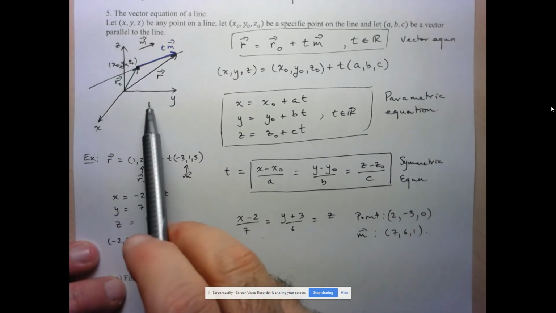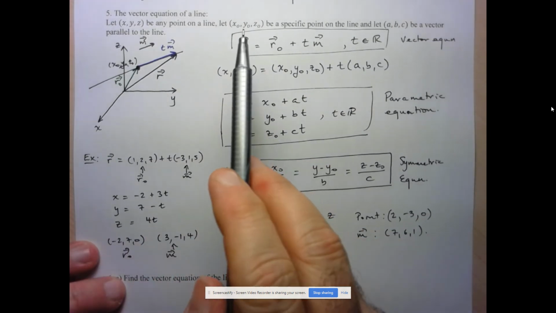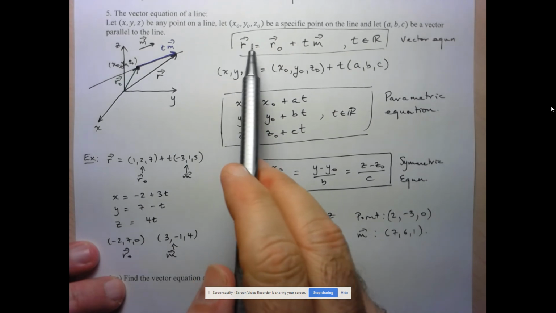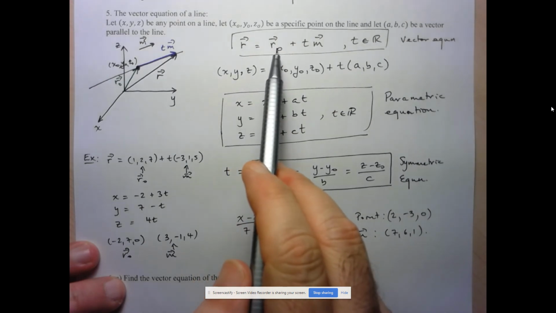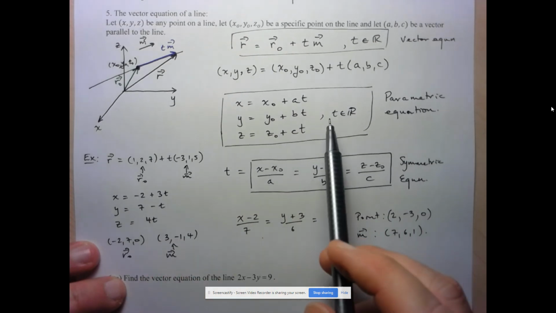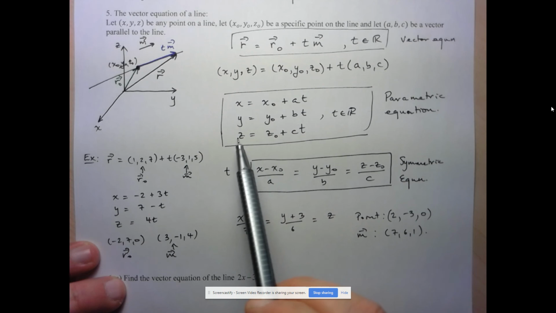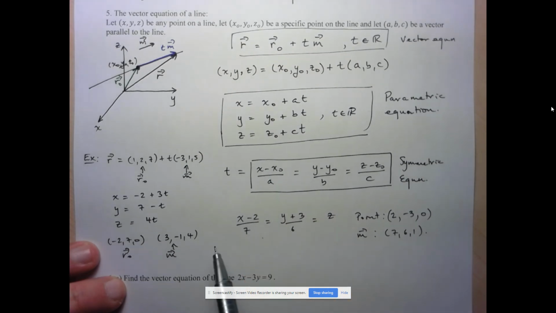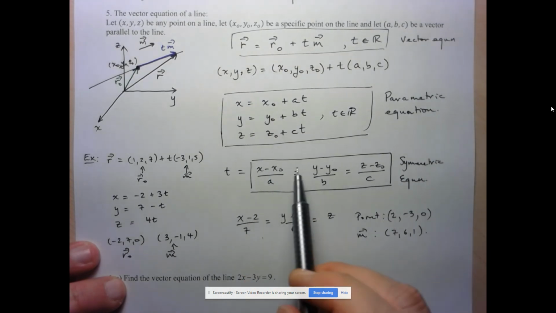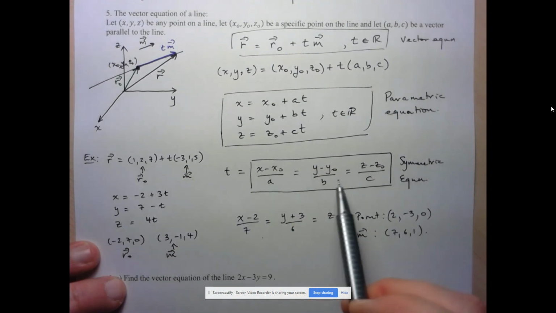Okay, so just to recap here, understand the diagram to see how these equations come about. Vector equation: the vector to a point on the line is equal to the vector to the specific point plus any multiple of the direction vector. Parametric equation is the exact same equation, just the individual components written separately. And then the symmetric equation is when we've isolated for t in all three and equated the expressions.